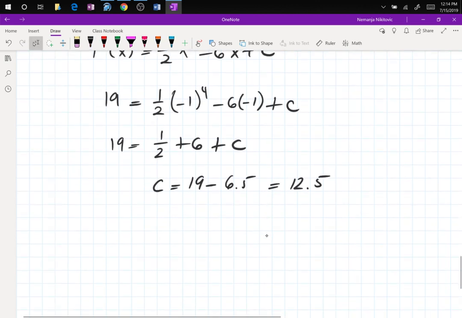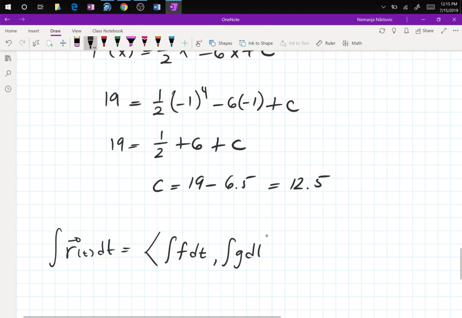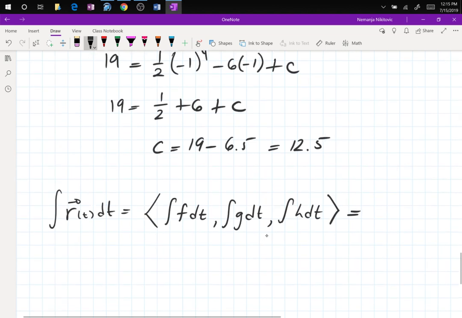So now, if you translate this into the 3D realm, you just have to do 3 of these problems at the same time. Because if you have to integrate your r of t dt, you will get the integral of f dt, comma, the integral of g dt, comma, the integral of h dt. And when you integrate each one of these, every single one is going to spit out its own plus c.